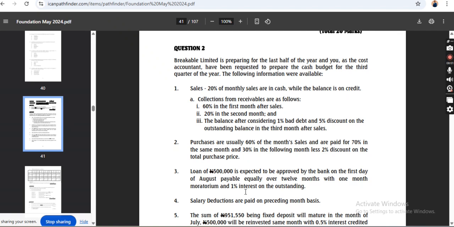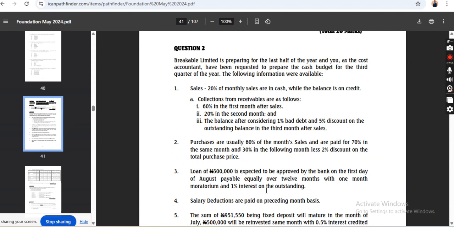And 1% interest on the outstanding, if they have any outstanding.